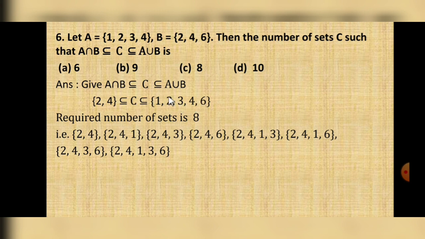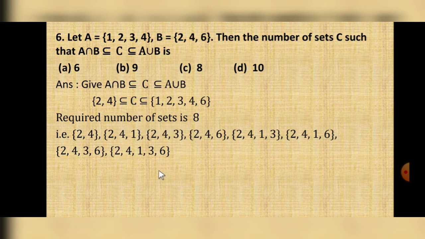So C is a subset of this set. We can't write directly 2 raised to 5, because that set satisfies this condition also. Since 2 and 4 are fixed terms, what are the remaining elements? 1, 2 and 3. So 2 raised to 3 means that many sets we can write in place of C. So the total number of sets is 8.